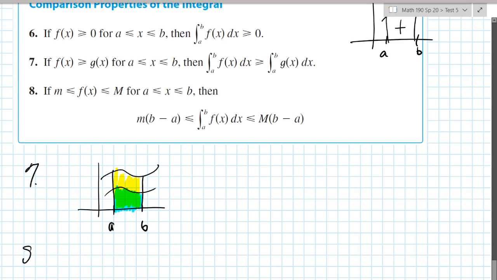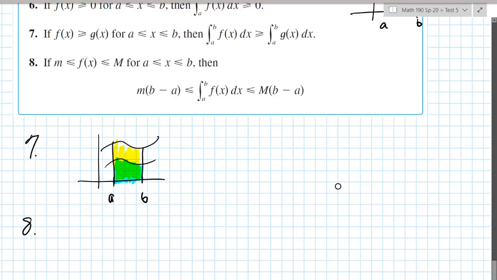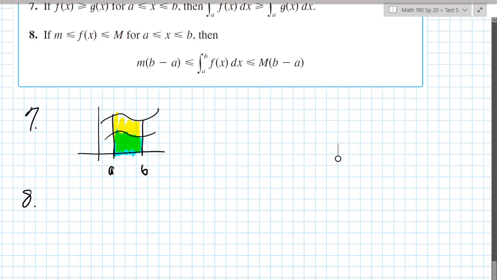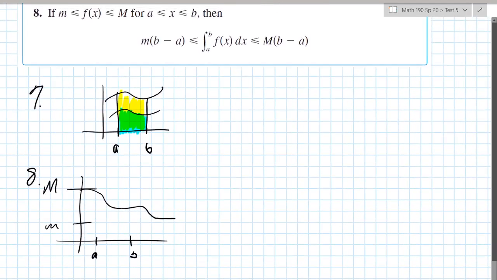Number 8 says that if f of x is between m and M, so let's say here's little m, here's big M. If f of x is between those two, from a to b, let's call that a and that b, then the definite integral of f of x is between these two.